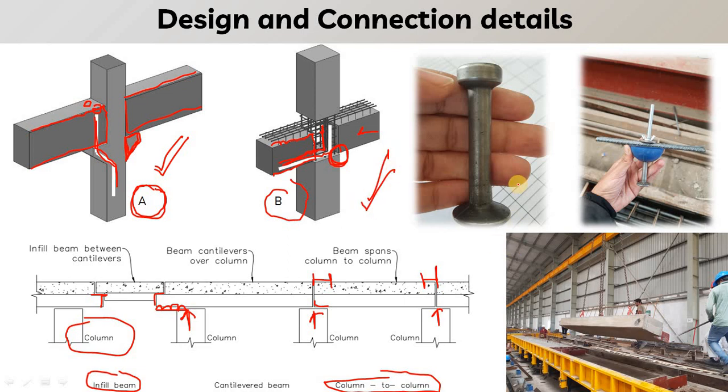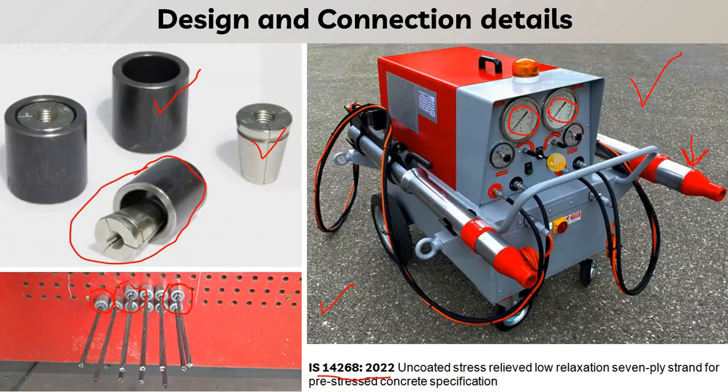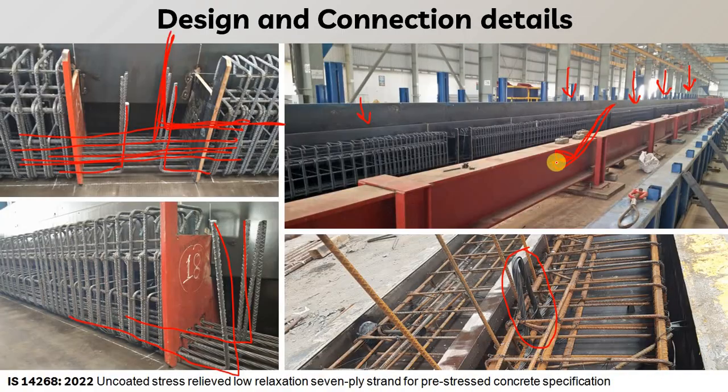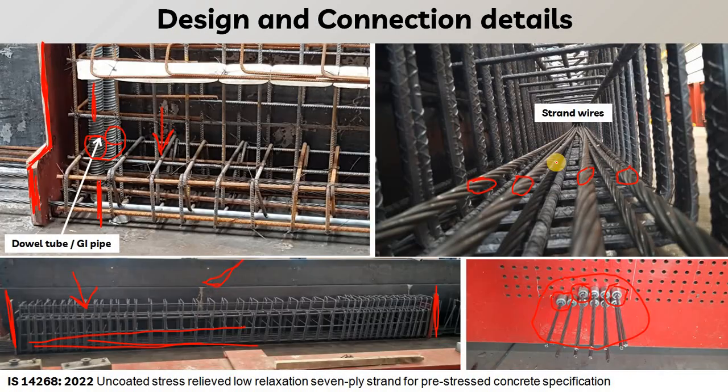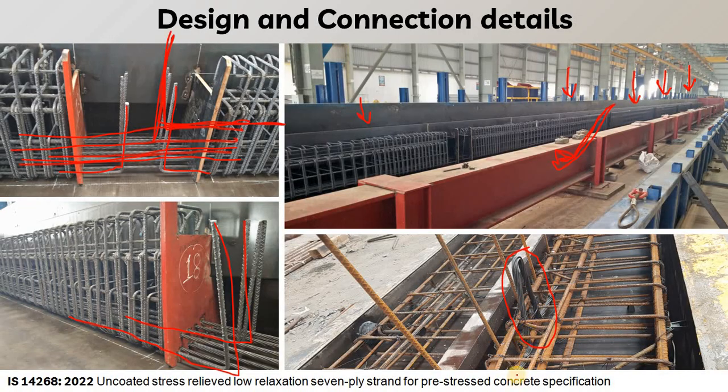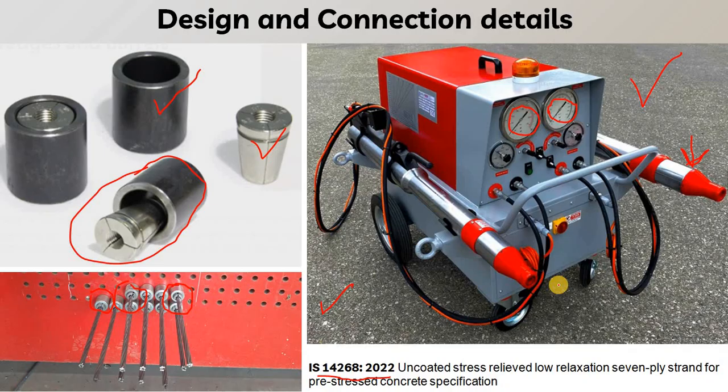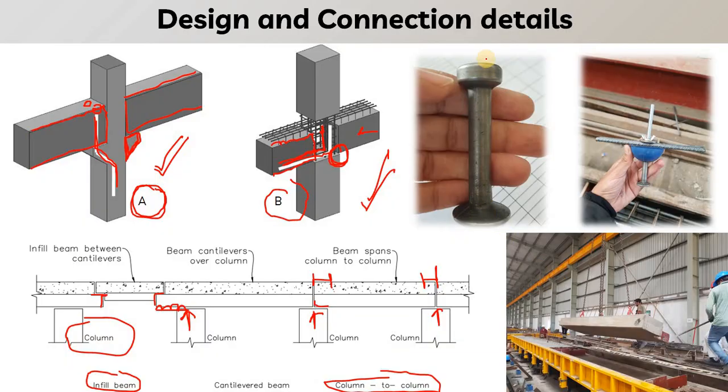Now in case of lifting the beams, we have already seen here that either we can use a lifting hook. Here you can see this is the lifting hook that is provided to lift the precast or prestressed elements, or we can use this kind of connection.